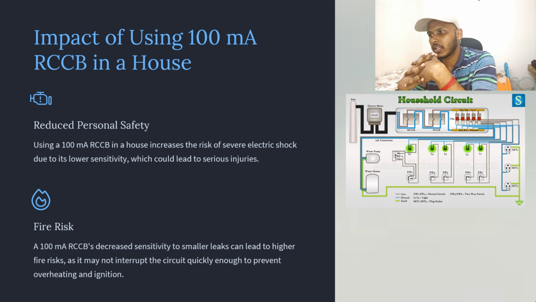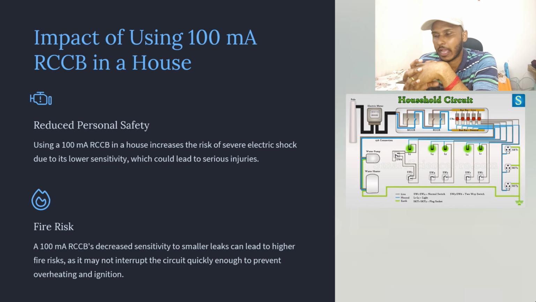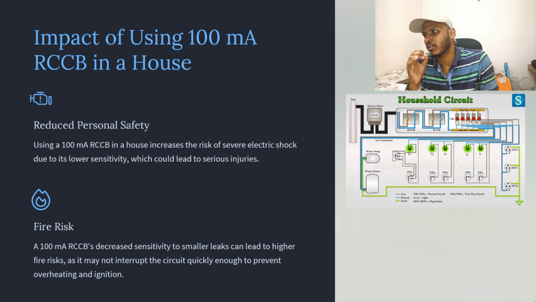As I told you, compared to 30 milliampere, 100 milliampere takes a lot more time to sense and trip. During that time the intensity of the fire can be more. So these are the two adverse effects if you are using a 100 milliampere RCCB.